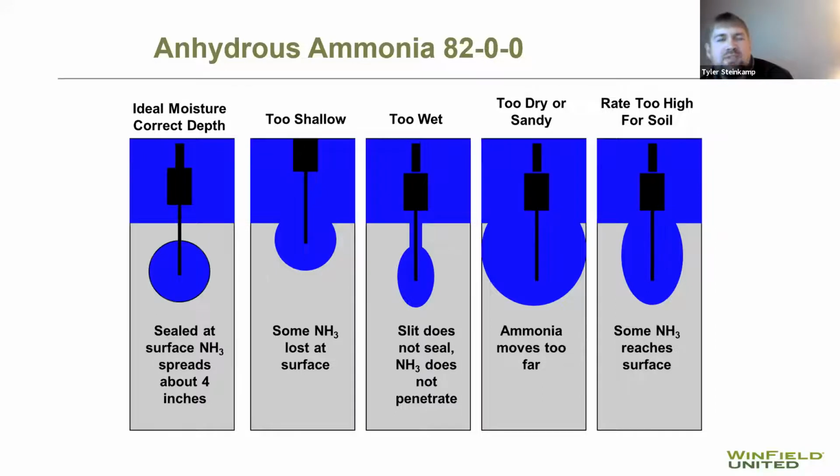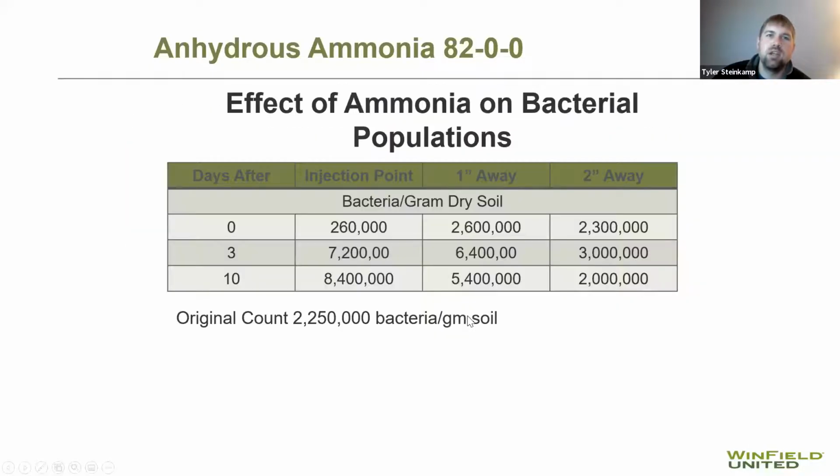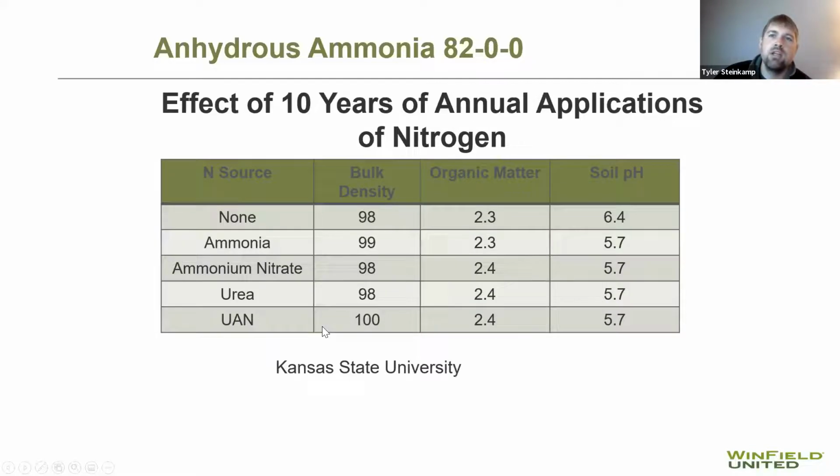Once you get above 10, guys, generally I don't see too much of an issue with overloading the soil with anhydrous ammonia. Anhydrous ammonia, although it does kill bacteria at the injection point, those bacteria come back within 10 days, very quickly. And anhydrous ammonia does not have an effect on bulk density either.